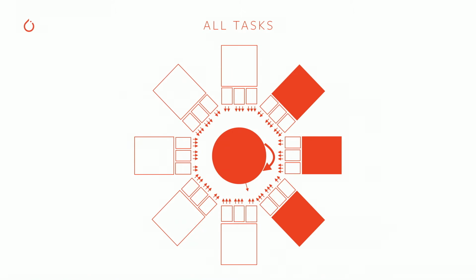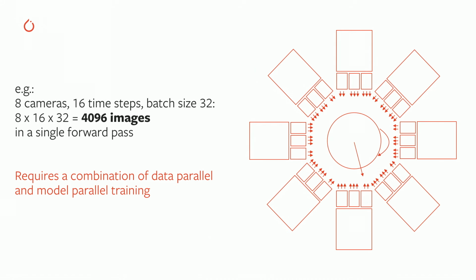And then if you've trained recurrent neural networks on videos, you'll quickly notice that these are not trivial training workflows. So as an example, if I want to unroll this graph in time and backpropagate through time, maybe we have 8 cameras, we unroll for 16 time steps, we use a batch size of, say, 32, then we are going to be holding in memory 4,096 images and all of their activations in a single forward pass.